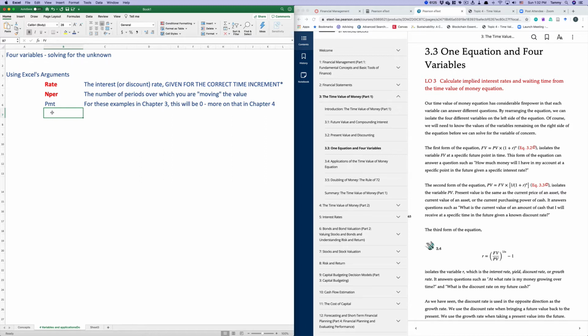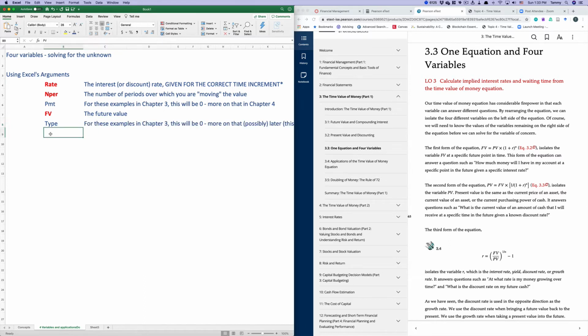And then the next argument that you might see is the future value. And then this question of type is, again, you just leave it at 0 for now.